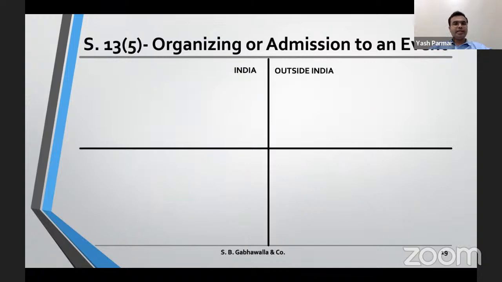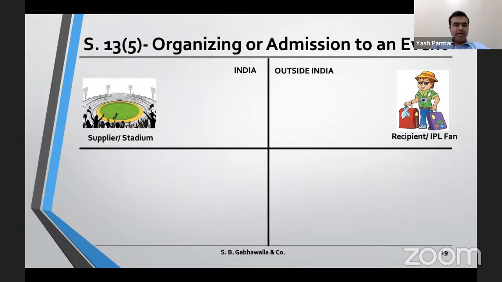Now let us try to understand this with the help of an example. There is an IPL fan who is a resident of a foreign country. He loves watching IPL games. So he decided to come down to India and watch the match live in the stadium. So he comes to India and watches the match.